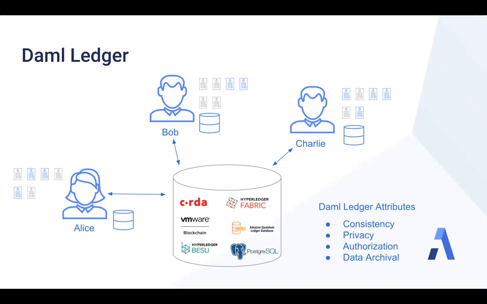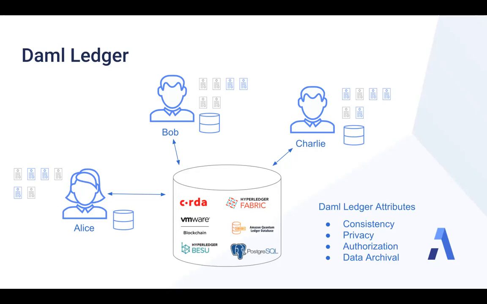If we look at consistency and privacy, which exist in the Daml ledger model, Corda, for example, has two main configurations. It can run with a validating notary or a non-validating notary. And you don't have to understand exactly what that means, but one of those configurations has stronger consistency and weaker privacy. The other one has stronger privacy and weaker consistency.